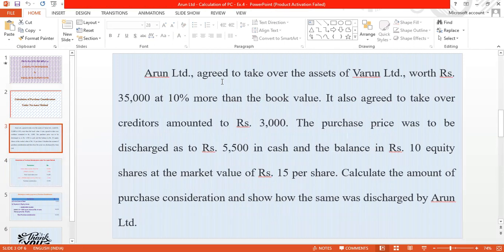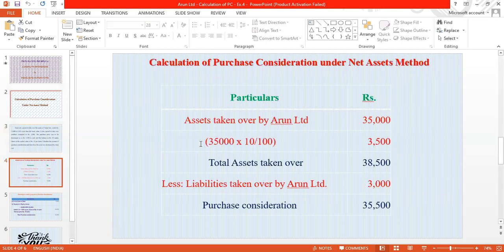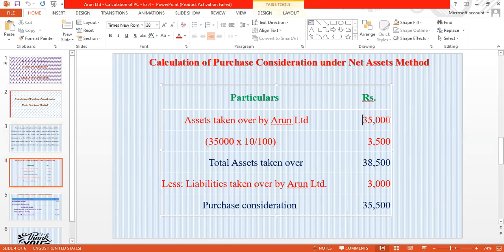Here they have mentioned Arun Limited agreed to take over the asset worth rupees 35,000, 10 percent more than the book value. Total asset taken over by the company, how much? 35,000. It was given in the question. So we can write the asset value in the amount column, 35,000.